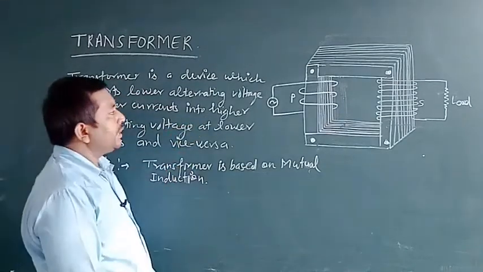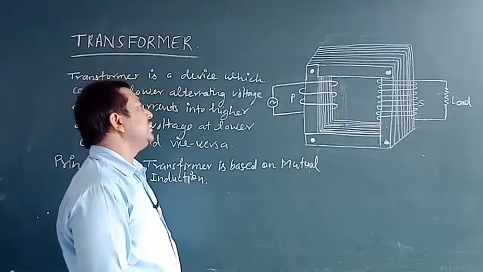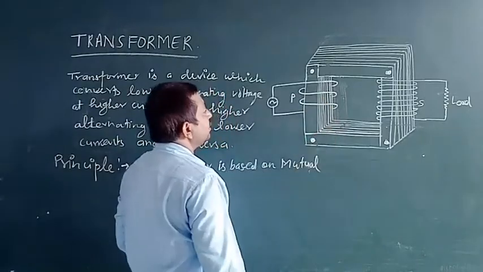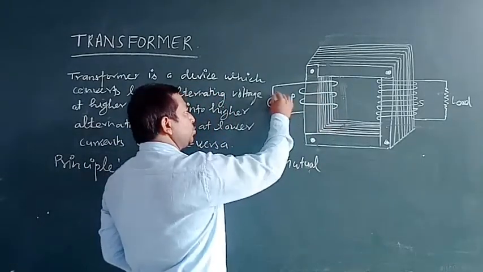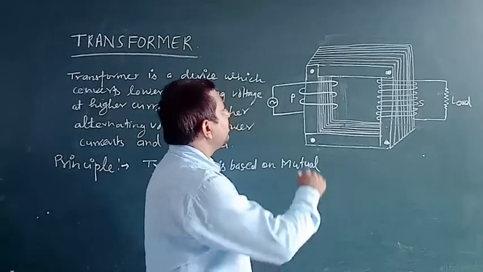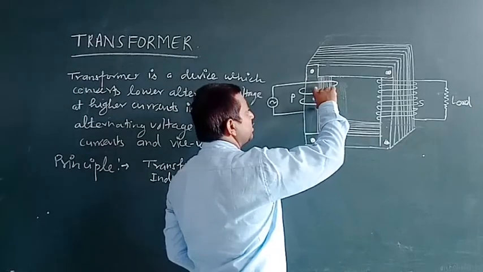There is a particular figure of the transformer, and in this figure you are seeing that there is a primary coil, and this primary coil is connected to an AC voltage source, and there is a minimum number of turns in this coil.